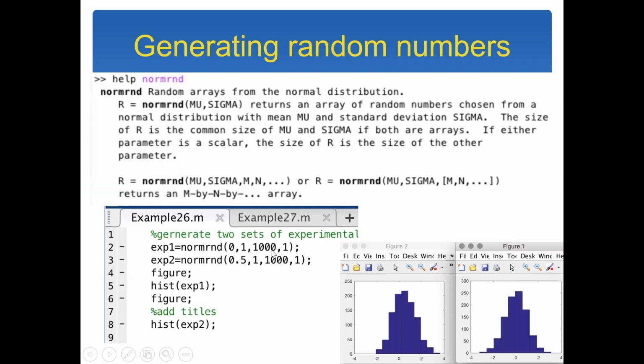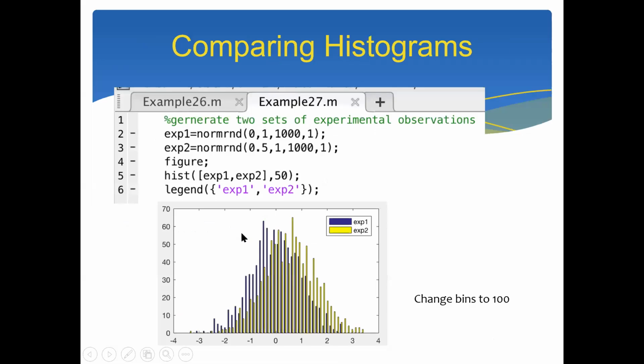So this is a 1,000 times 1 dimensional vector, and the second is a 1,000 times 1 dimensional vector with a different mean from the first one. So this function will generate a random sample from the normal distribution. And now could you open the example 27 to plot these two distributions on the same figure? And you can change the bin size, so therefore they will look different.